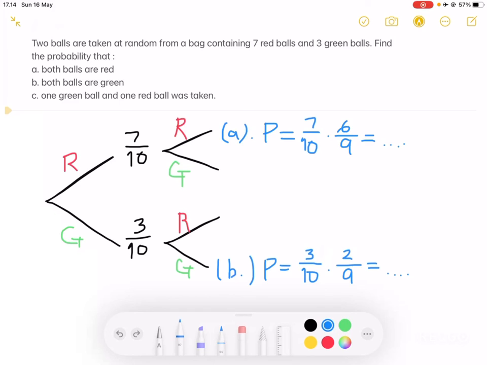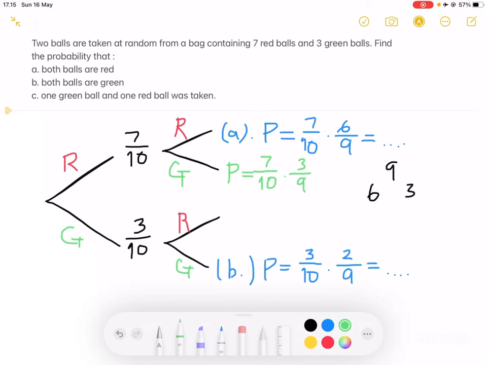Like we've done for part A and part B, we can compute the probability right here as the product 7 over 10 times 3 over 9. First of all, there are 7 red balls and 3 green balls with a total of 10, and 1 red is taken, leaving us with 6 red balls and 9 total.